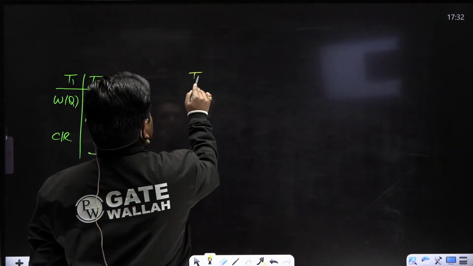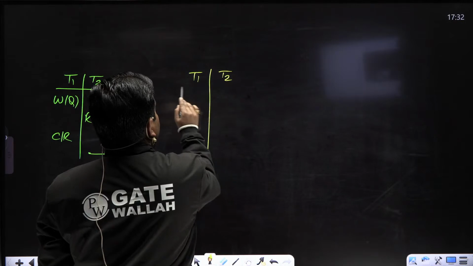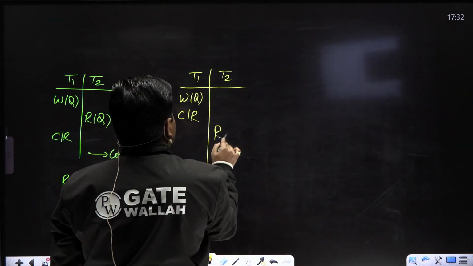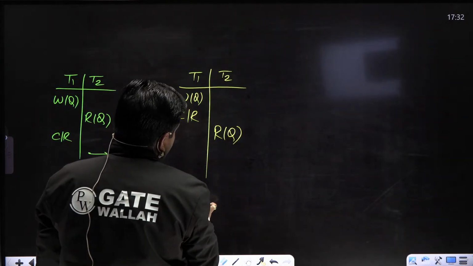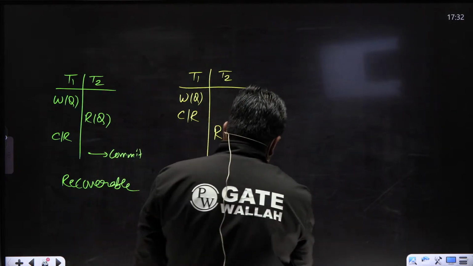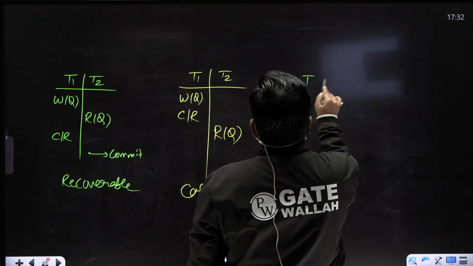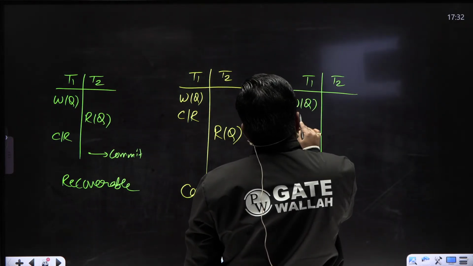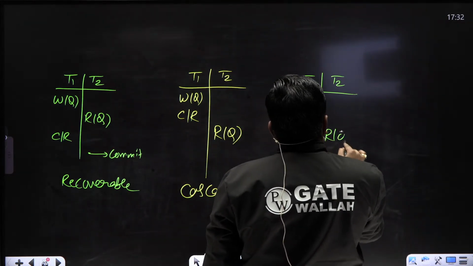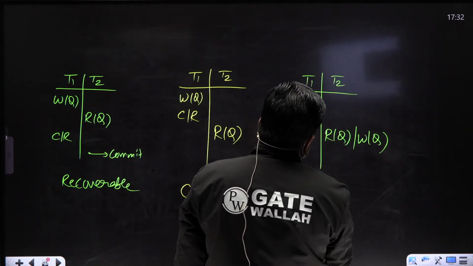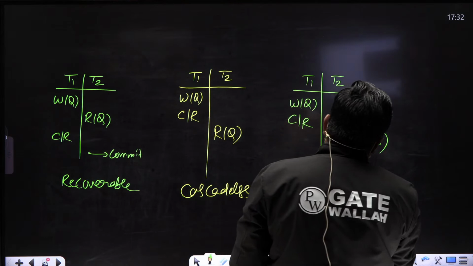No uncommitted read, no WR problem. After a write there is a commit or rollback, then the read is allowed. That is the meaning of cascadeless. And what is the meaning of strict recoverable? After a write there must be a commit or rollback, then read and write are both allowed. Otherwise not allowed. This is strict recoverable, my dear.